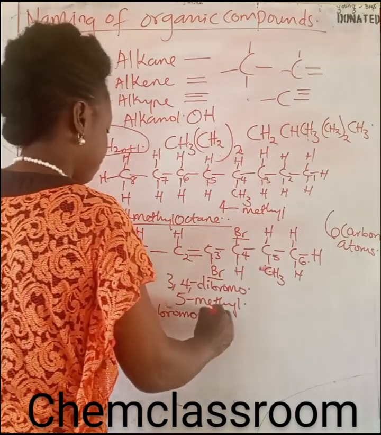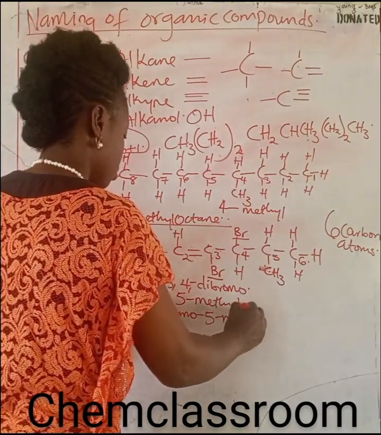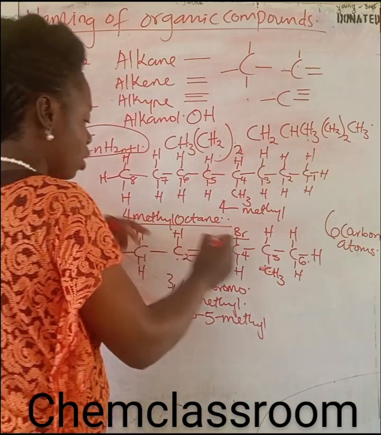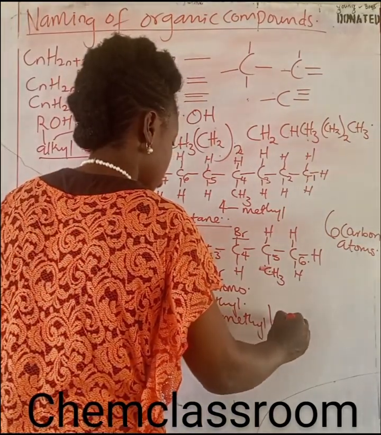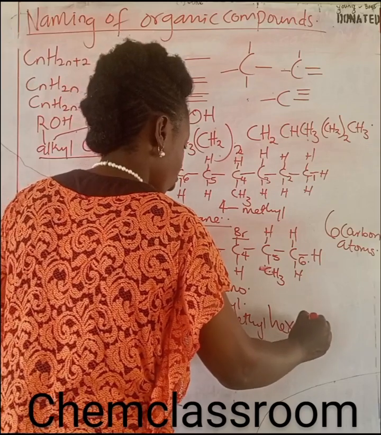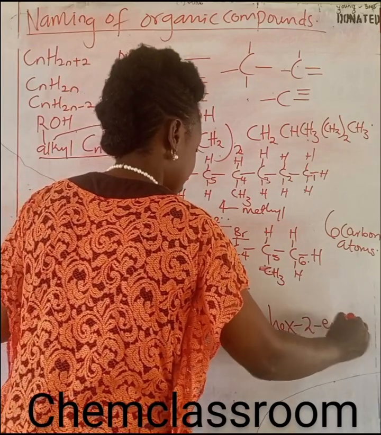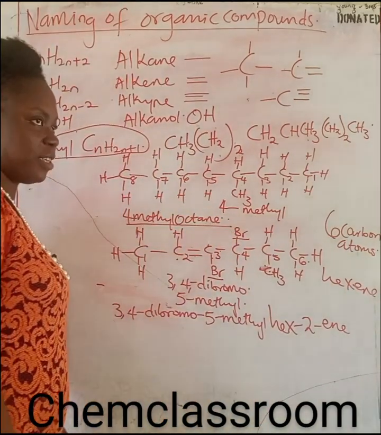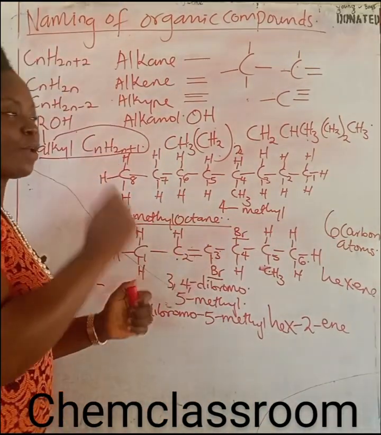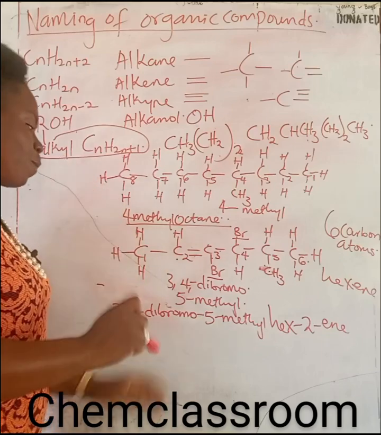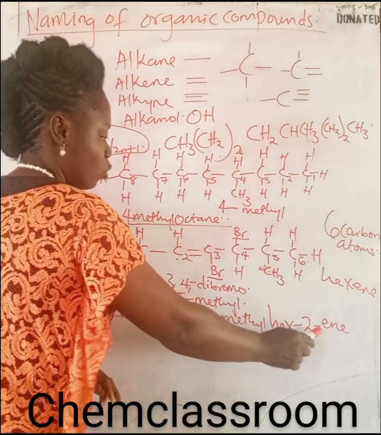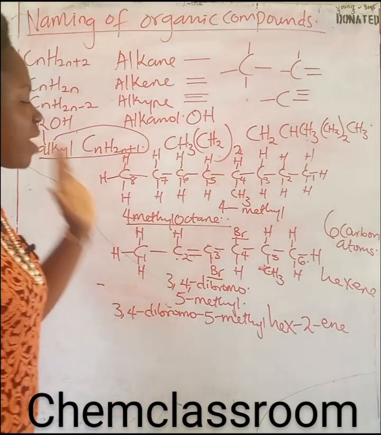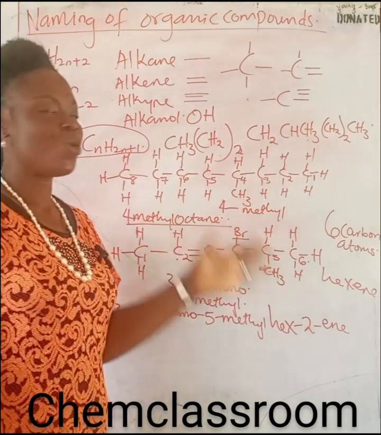On carbon 5, I have 5-methyl. Then on carbon 2 is the double bond, so 2-ene. I cannot just write ene. I must give honor to the position of the double bond. That is why I have 2-ene. So I have 3,4-dibromo-5-methylhex-2-ene.